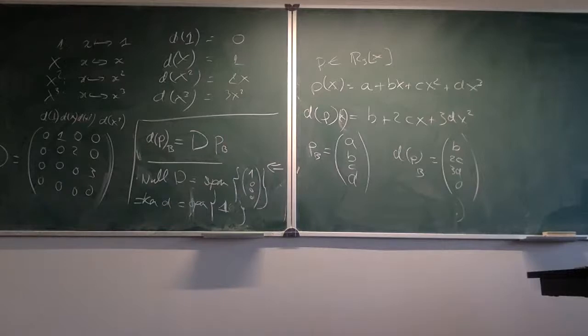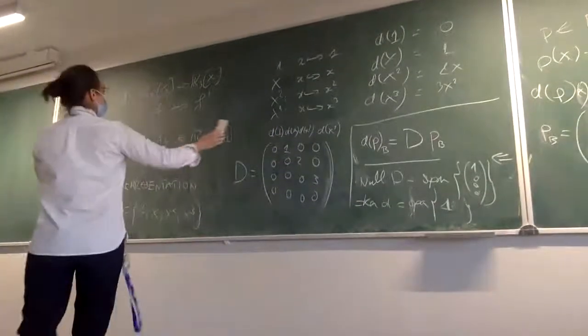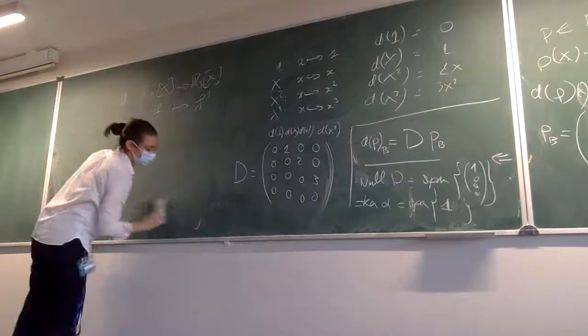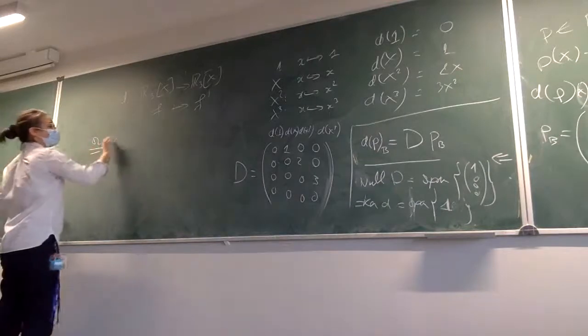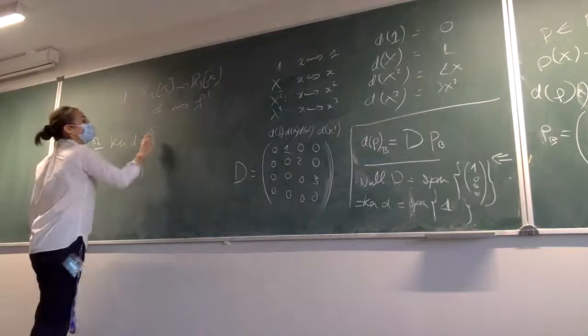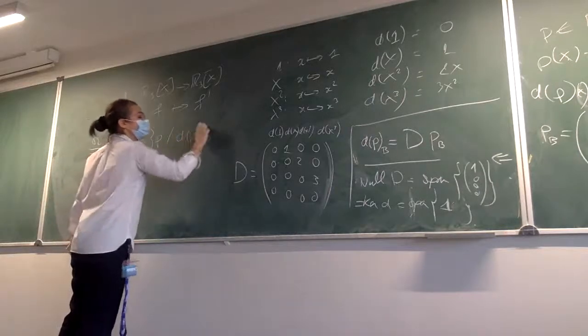Another way to find it, if you didn't want to work with the matrix representation, would be just to solve my map equal to 0 to find the kernel. The kernel of D is all the polynomials P such that D of P is equal to 0. That's just the definition.